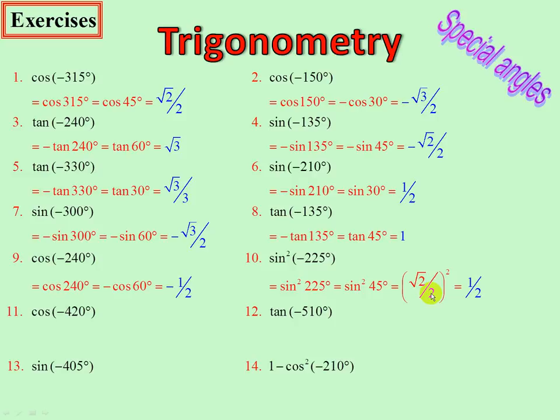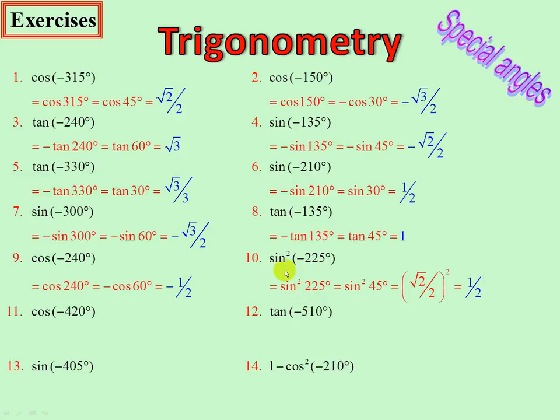Now notice here, this hasn't become negative even though it's third quadrant. Because when you're squaring, even though the sine of negative 225 is negative sine of 225, there are two of them multiplying, you're squaring it, so it stays positive.